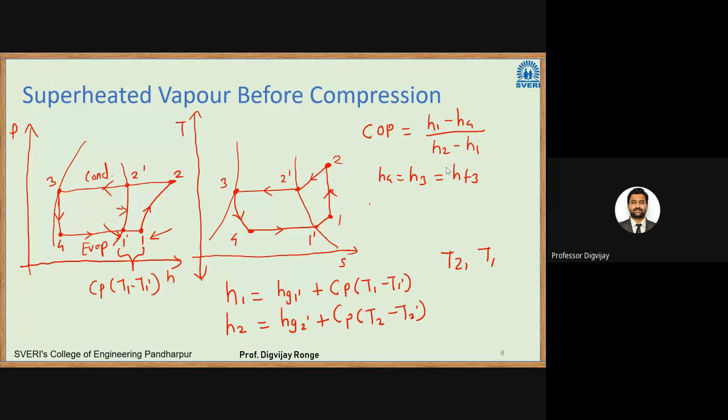Okay. So see here, as the name suggests, there should be superheated vapor before compression. So before compression means what? At point one. So 1 to 2 is a compression process. So if I come to point one, that will be before compression, two will be after compression. So that condition of refrigerant should be superheated vapor.